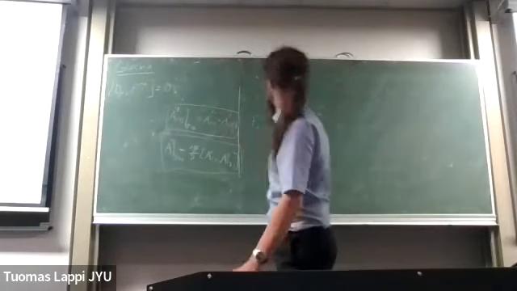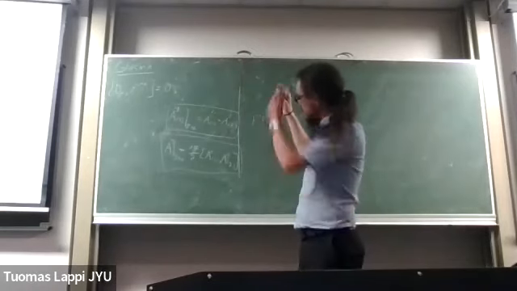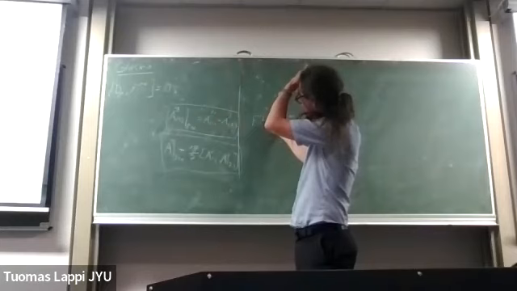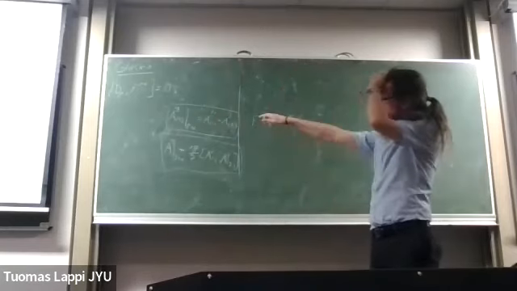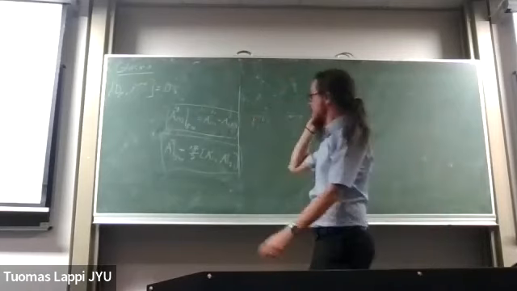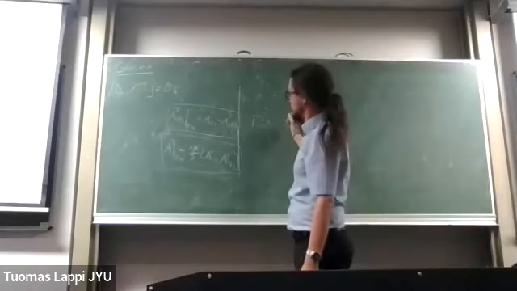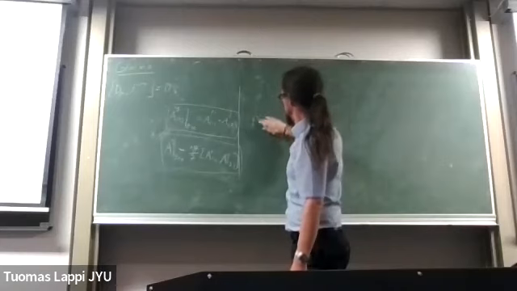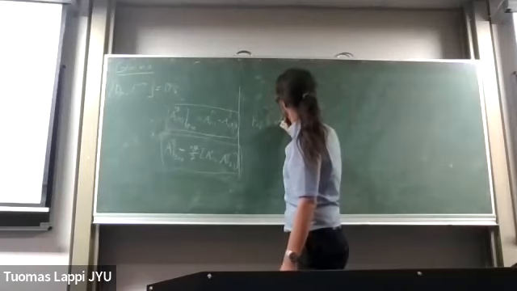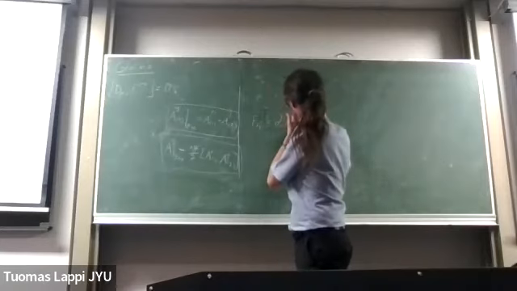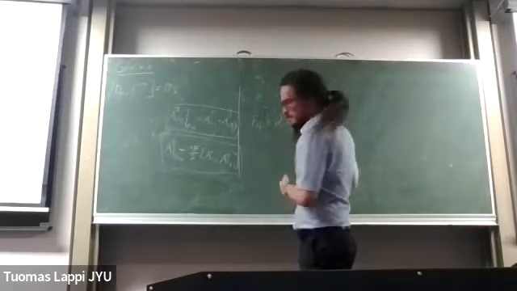And so how does one calculate the field strength tensor from the gauge potential? The field strength tensor is, let me write this down. Fij is Di Aj minus Dj Ai.